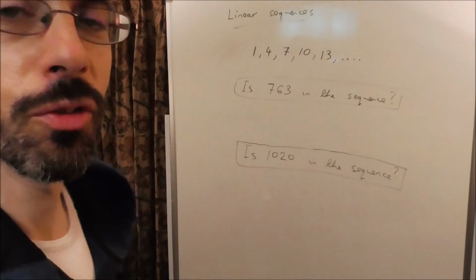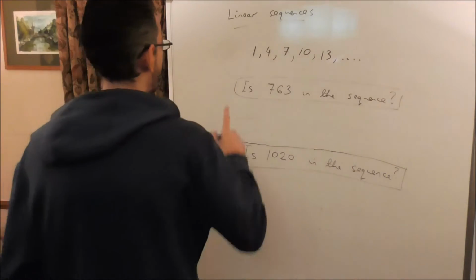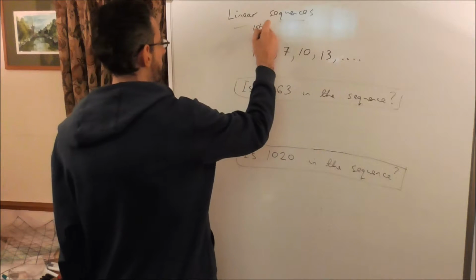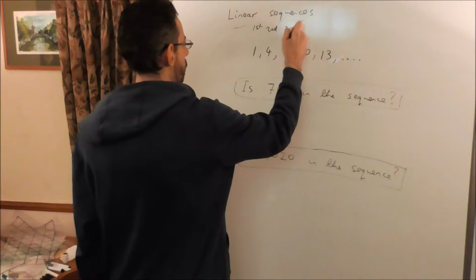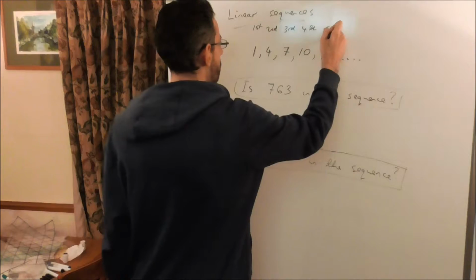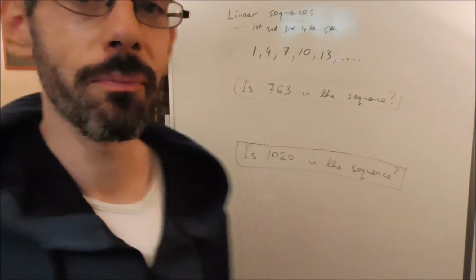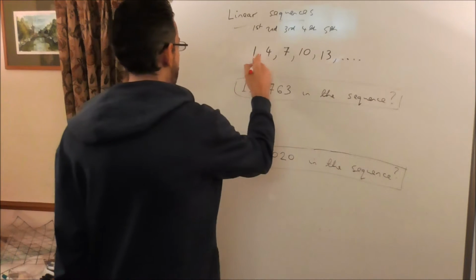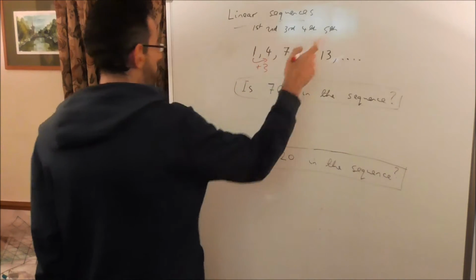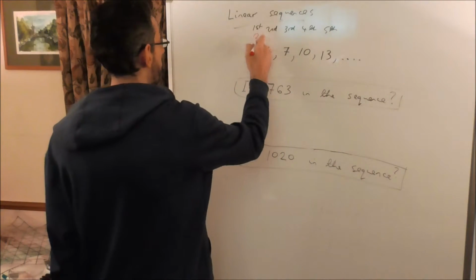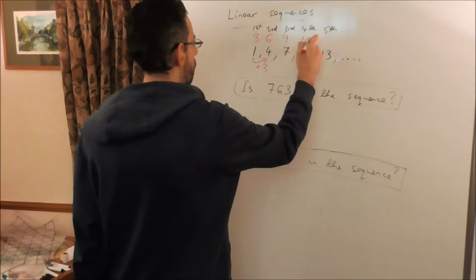So let's find the nth term formula. I've given you the first 5 terms of the sequence: first, second, third, fourth and fifth. And the sequence is going up in threes, so very much like the 3 times table. So let's write the 3 times table above. That will help us to find the nth term formula.